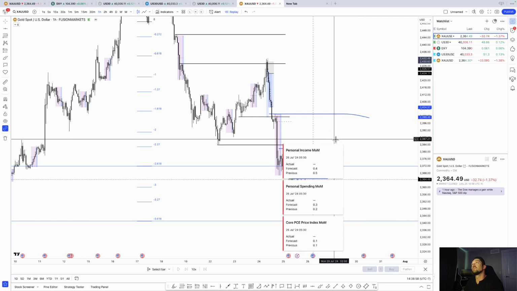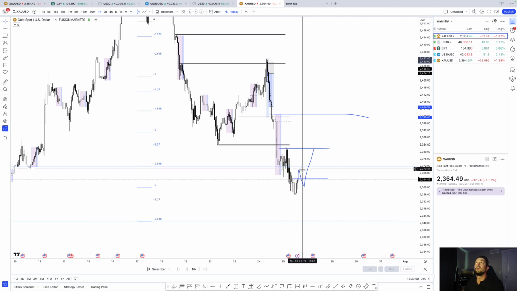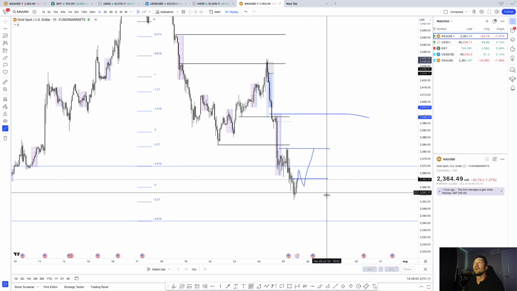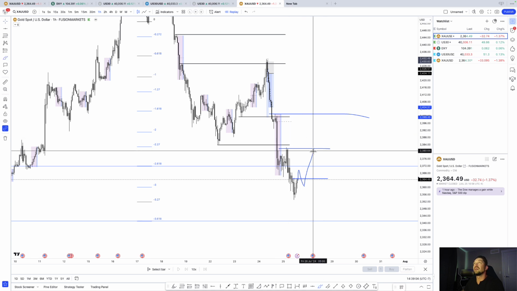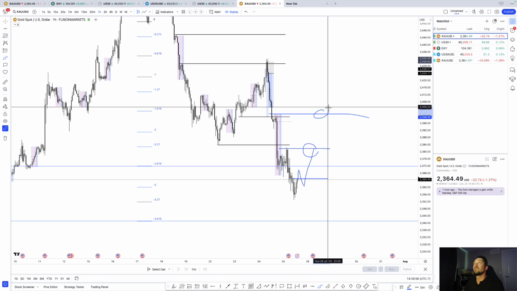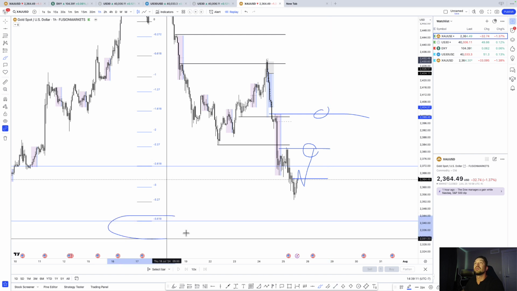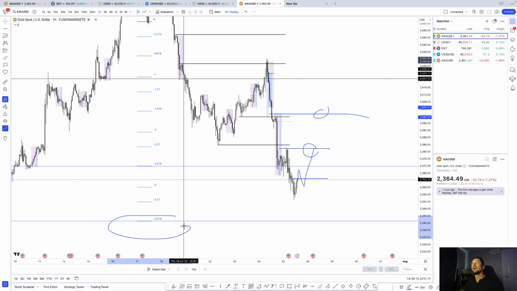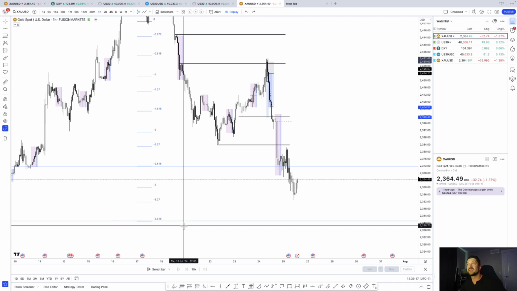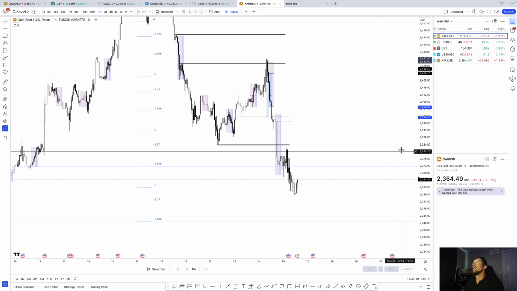So that one has the ability to move gold. It's the last inflation reading. So for me, depending what that does, this would be TP1, this would be TP2, and ultimately I would be looking to expand down to here after. So that's kind of how the reactions in the liquidity cycle are paired together.